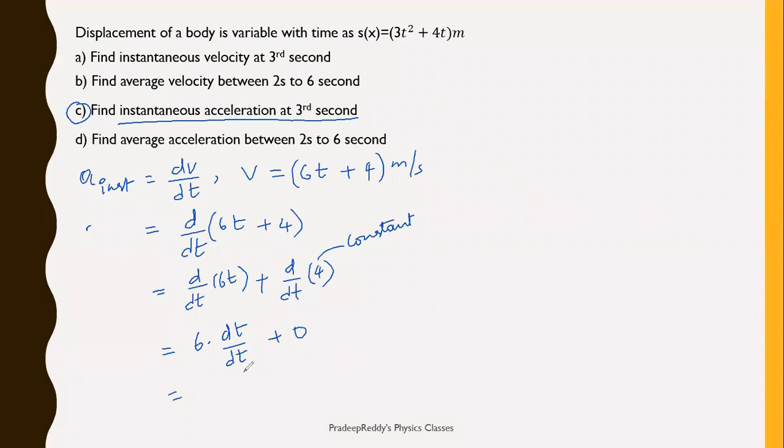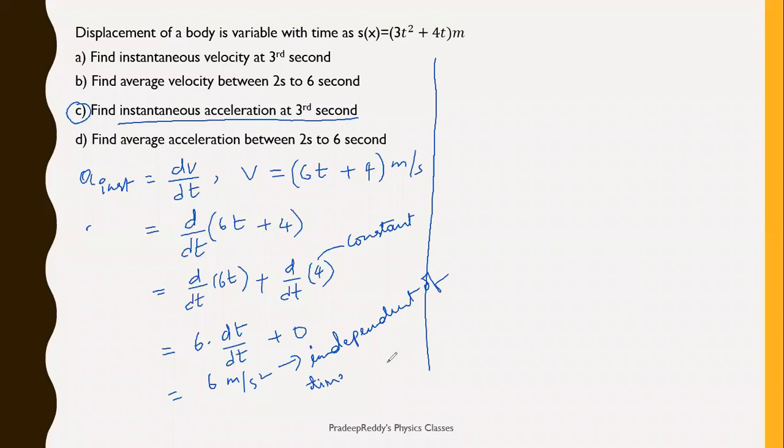This is equal to 6 meter per second square, right? So instantaneous acceleration is 6 meter per second square. It is independent of time. That means acceleration is equal to 6 meter per second square.